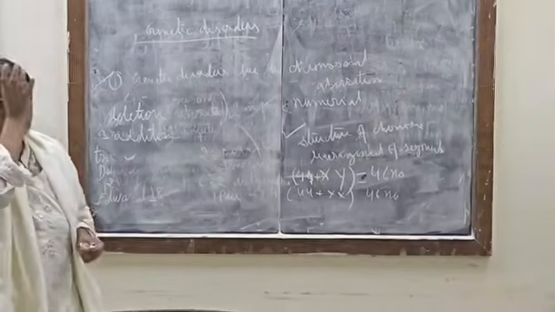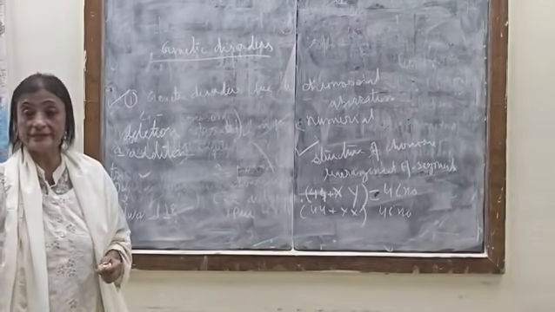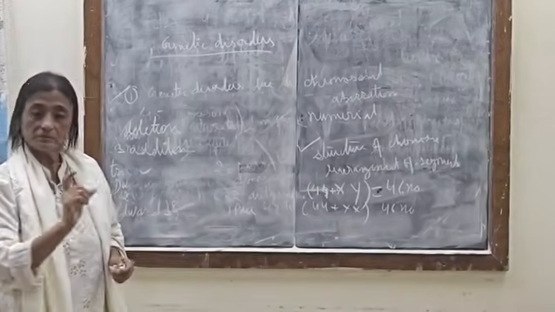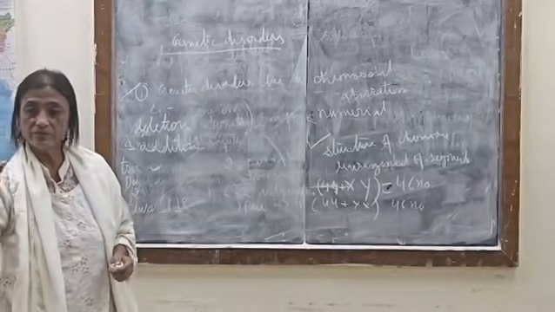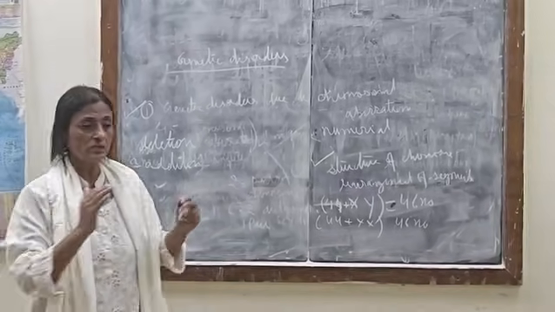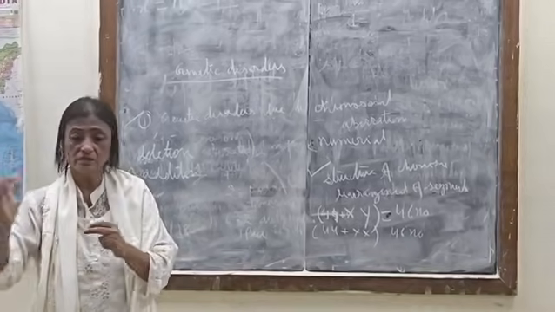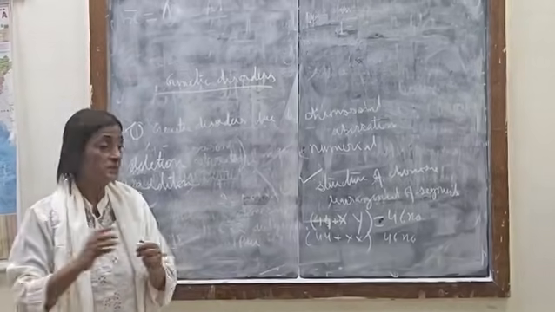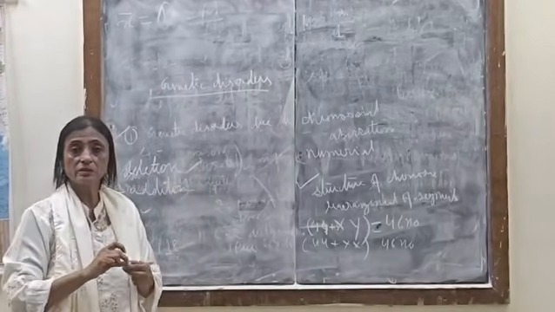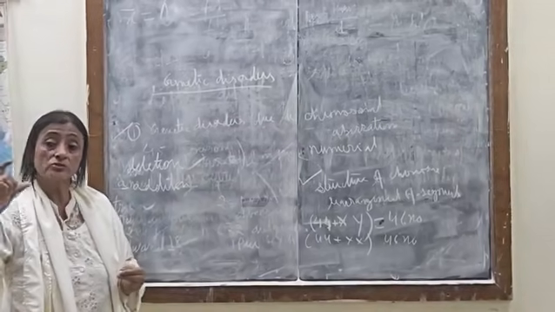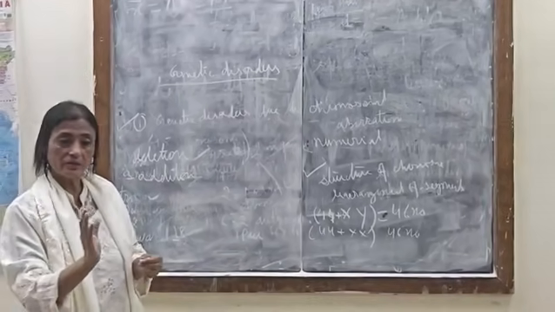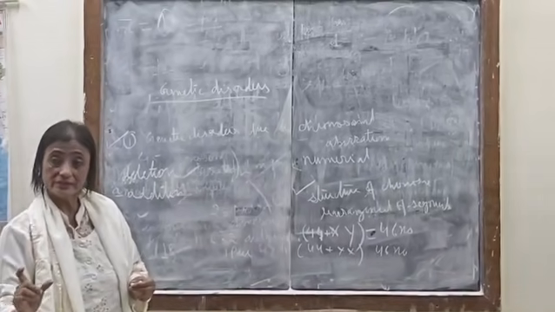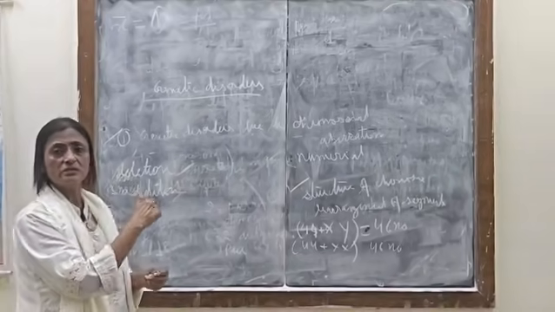In addition, one of the chromosomal segments is added to, for example, chromosome number 9. When a segment is added to a particular chromosome, the number of genes increases from the normal. So it is a genetic disorder, a chromosomal structure disorder. Deletion is just the opposite. One of the chromosomal segments is lost from a particular chromosome. By losing a segment, there is a loss of genetic character, loss of genes. So there is a defect.